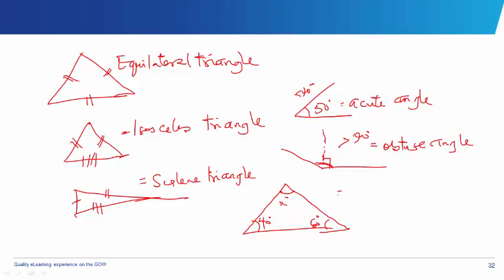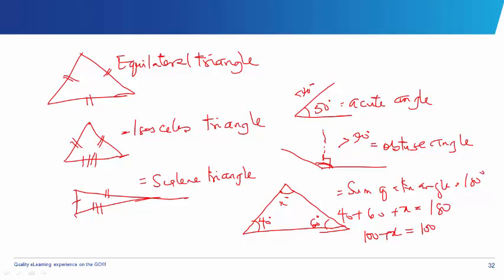Now, another rule you must note is that the sum of all the angles of a triangle will always give you 180 degrees. Any triangle will always give you 180 degrees. That means 40 plus 60 plus x should give you 180. Means 100 plus x should give you 180. Therefore, x will now be 180 minus 100, which is 80 degrees.